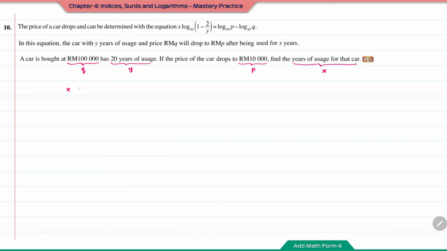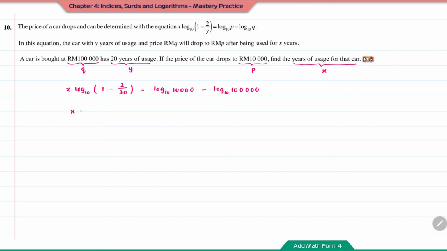So it's going to be x times log base 10 of 1 minus 2y, the y is 20 here, equal to log base 10 of p, so 10,000 minus log base 10 of q, which is the 100,000.